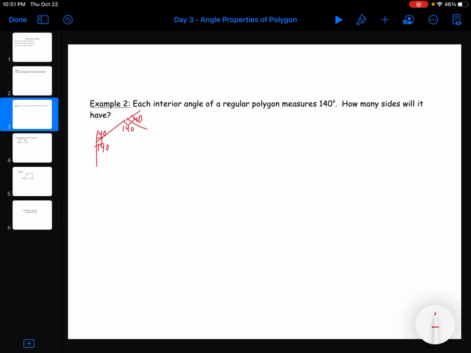So how many sides? Well, number of sides equals 360 divided by the exterior angle.